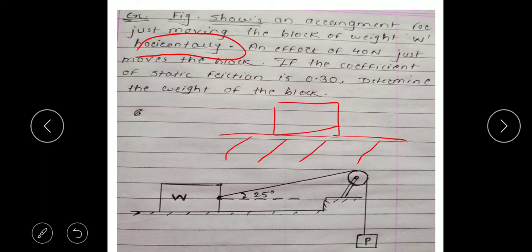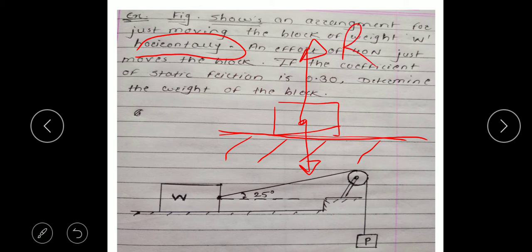In type A we have seen one body placed on the horizontal surface, and we have seen the directions of the forces. One is the body weight, which will be downward, and the surface on which the body is placed will show some normal reaction, so that reaction force will be upward.